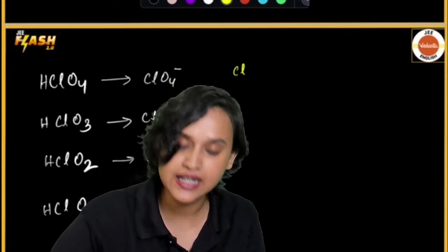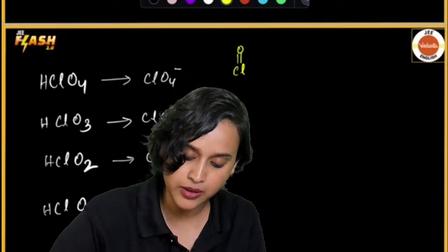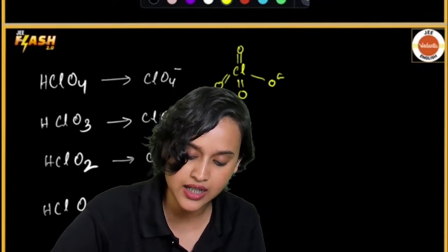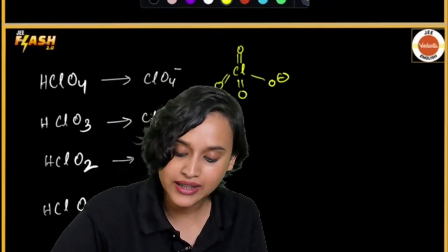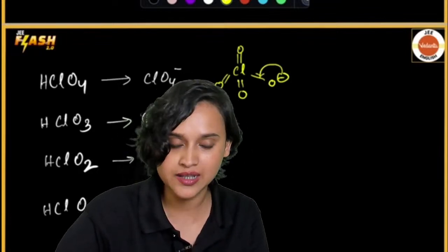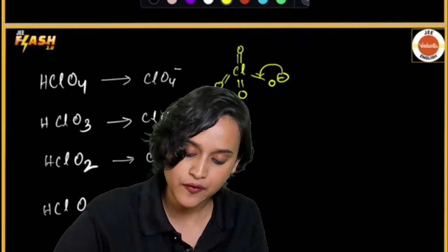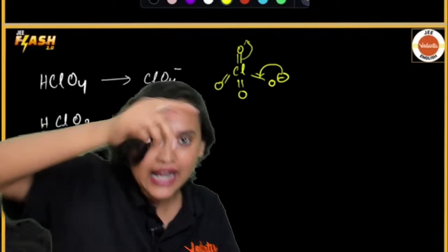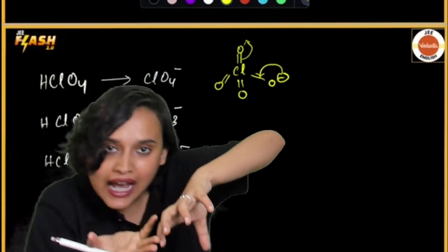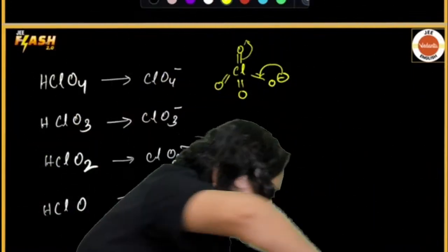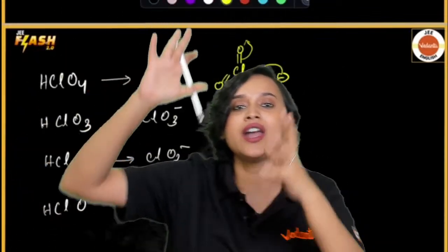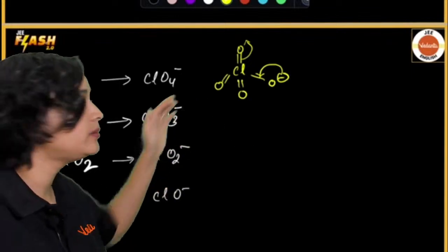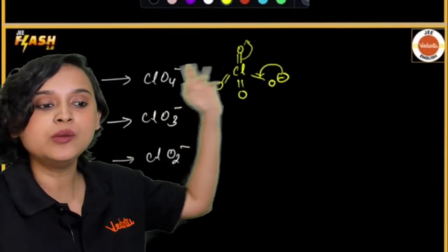So you have Cl here. Then you have double bond O, double bond O, double bond O, and this one will have a single bond O here with a minus. Now when this minus comes here, the double bond will shift, and as you go ahead, this negative charge will be distributed among the whole molecule.